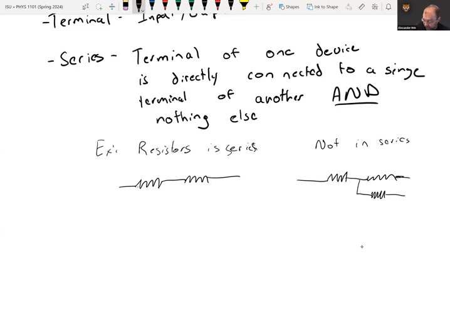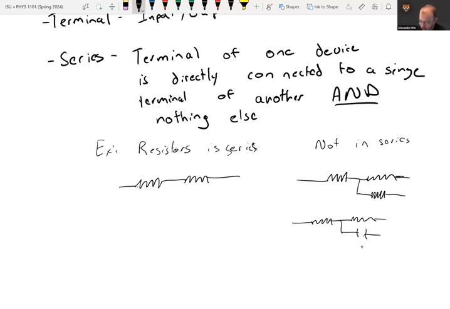Because even though this first terminal does connect directly to the second one, it also connects directly to another resistor. And this could be another component. So we could do something like this and then connect to a capacitor instead of a resistor. Resistors are the squiggly lines, capacitors are the two lines together representing the two plates.